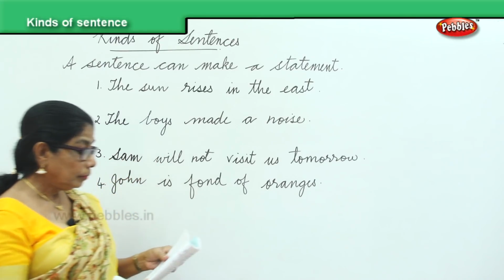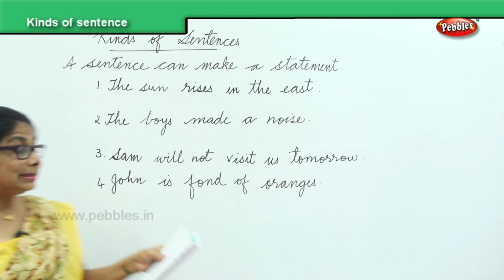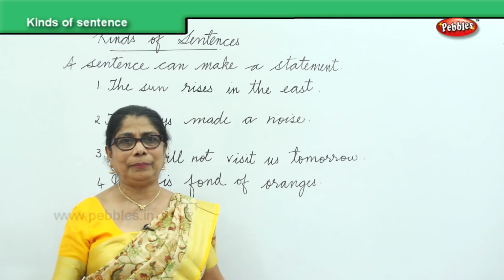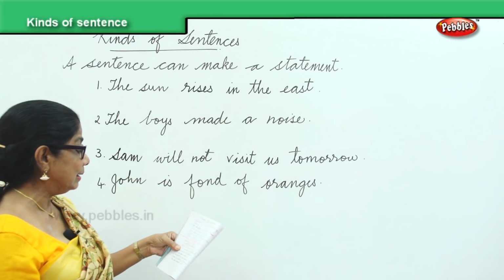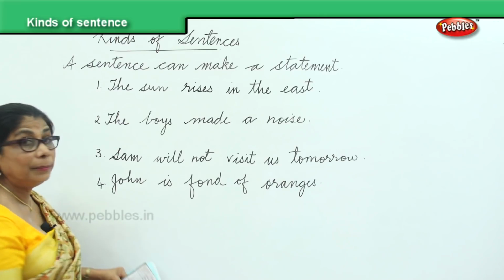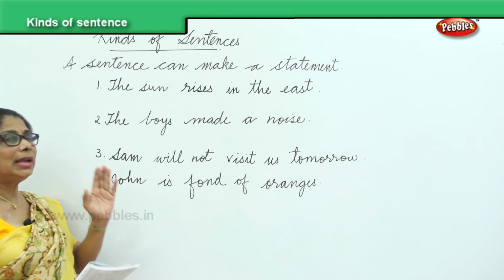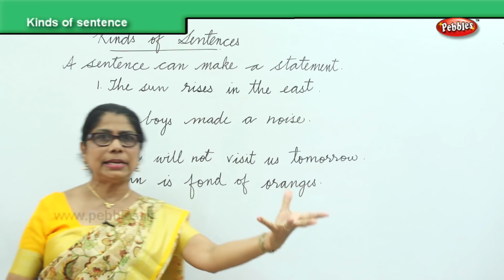Now we conclude: a sentence that states or declares something is called a declarative sentence, or affirmative, or assertive. We are talking about a sentence. A sentence can make a statement.